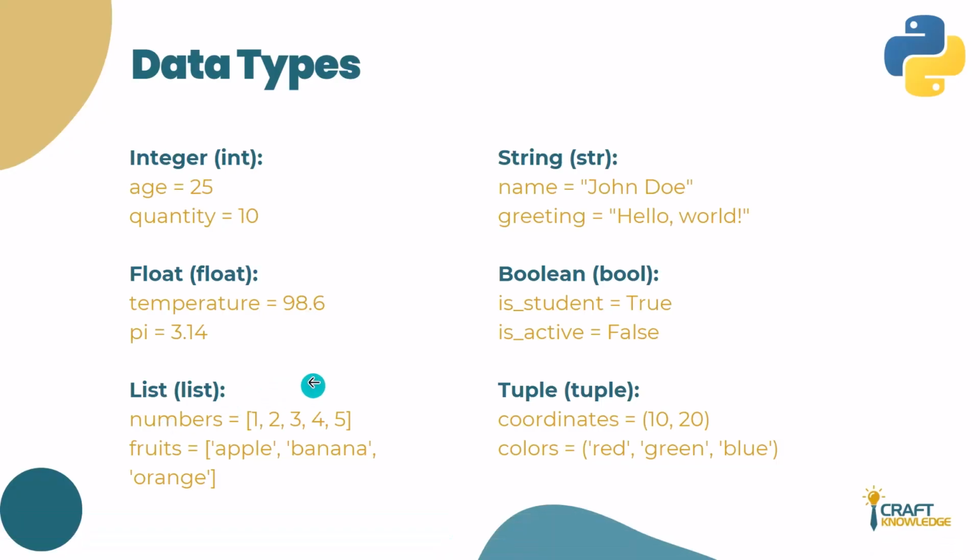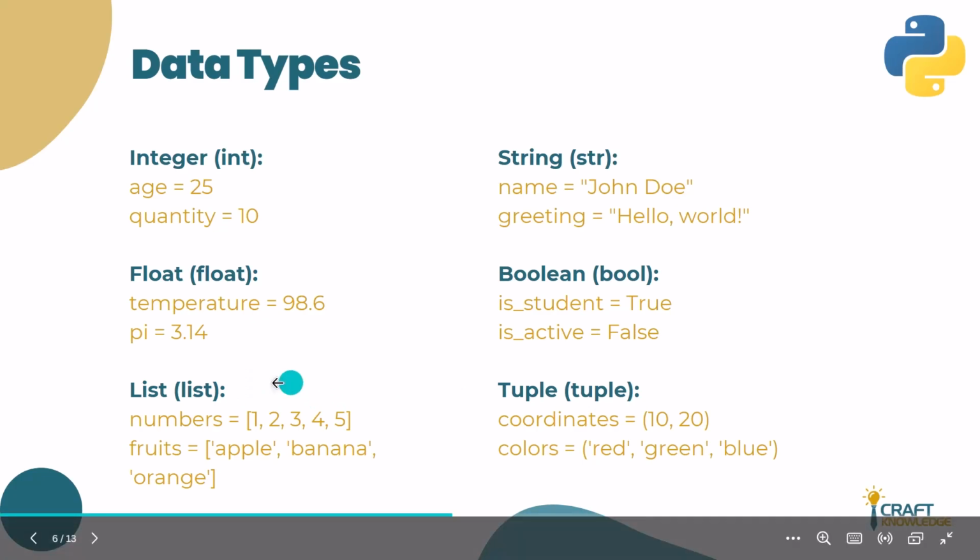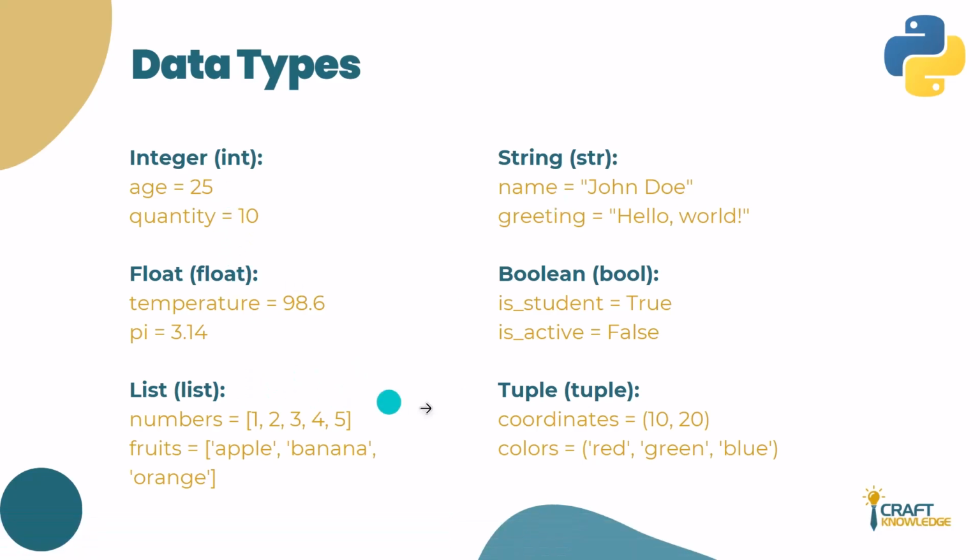So far we have talked about integers, floats, and strings. Let's talk about some larger data structures now, just like list and tuple. The main difference between integer, float, string versus list, tuple, and dictionaries is the following. In integers we can store only one value. In float we can again store only one value.